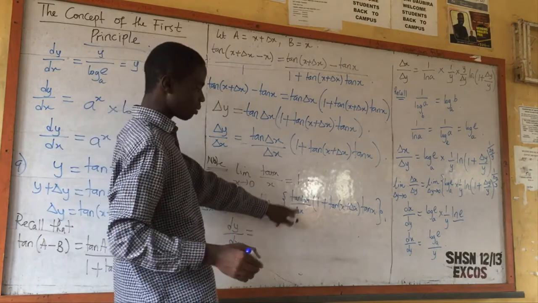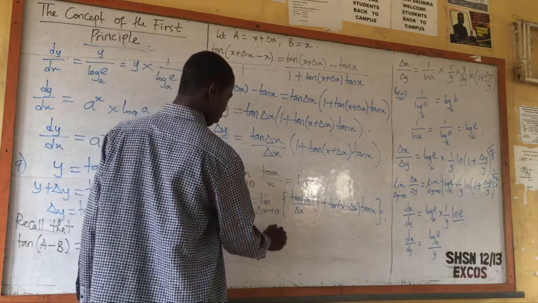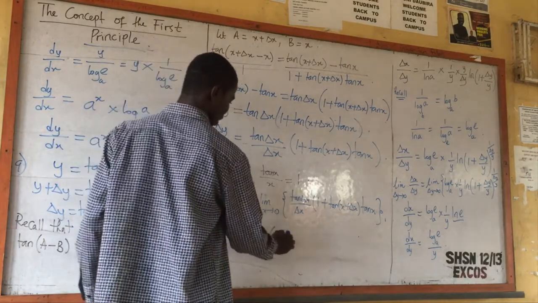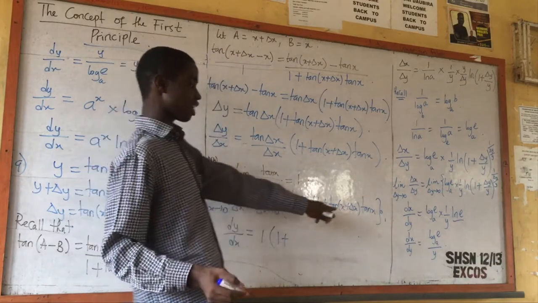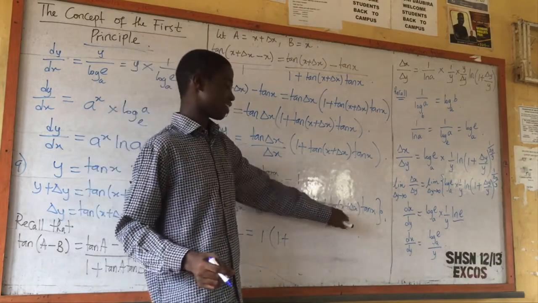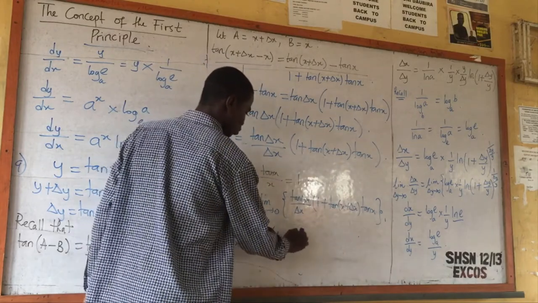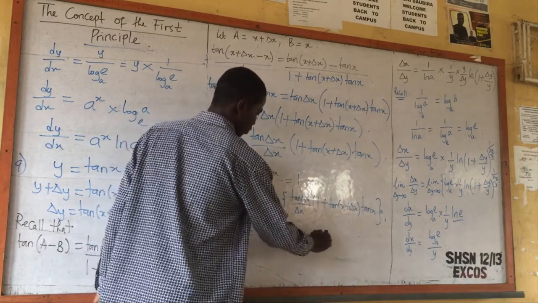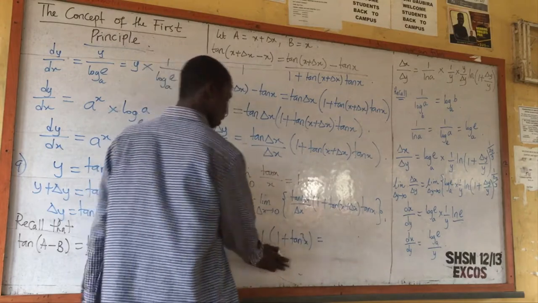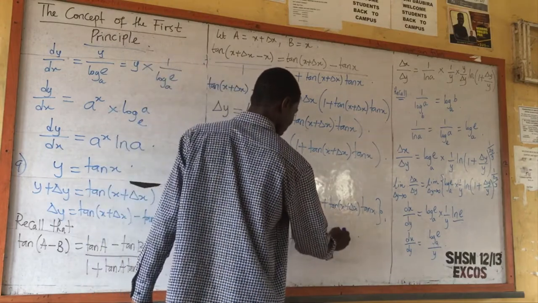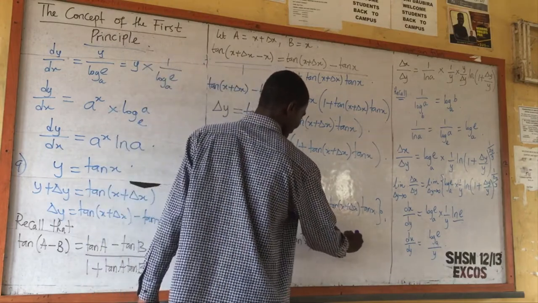By the time you take the limit, this one will be 1, then open bracket 1 plus, anywhere you see delta S put 0. S plus 0 is S, that's tan S, multiplied by another tan S, that's 1 plus tan squared S.